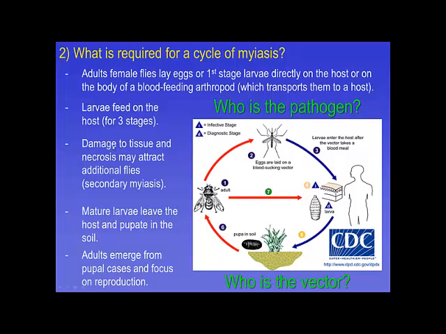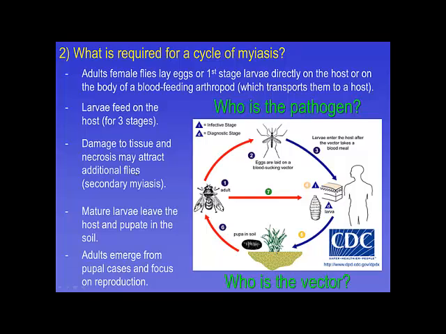The damage that the larvae cause to the tissue and the following necrosis or death of that tissue can often attract additional myiasis flies to the wound sites, and then this stimulates those flies to lay additional eggs, causing what's referred to as a secondary myiasis. So this initial laying of eggs or larvae on a vertebrate host is referred to as a primary myiasis, whereas any additional myiases that develop from that first infection would be referred to as secondary myiasis.